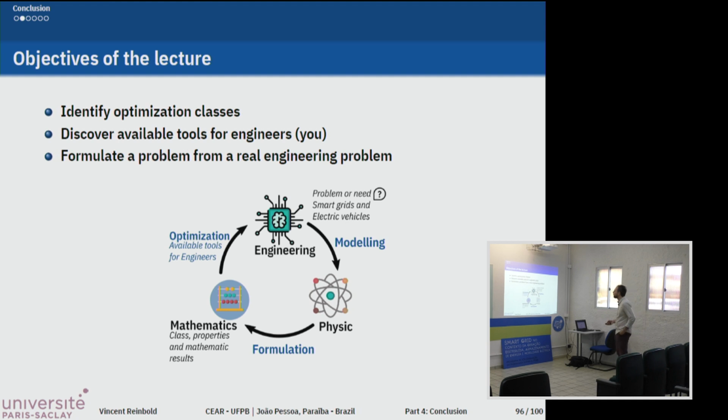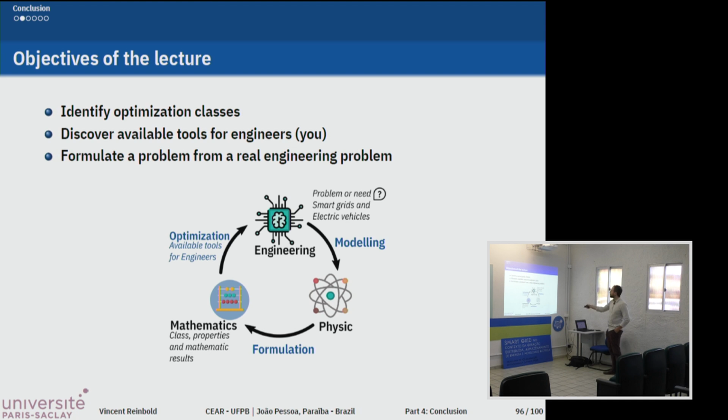And then in the third part, the final objective was for you to be able to formulate a problem for a real engineering problem. So that was the 3 stages of this figure.